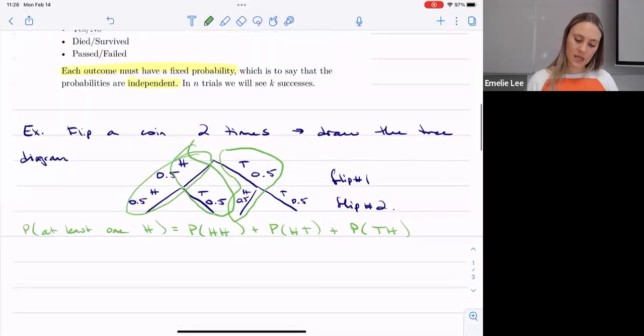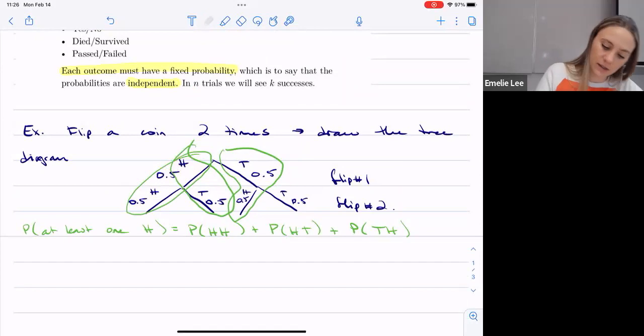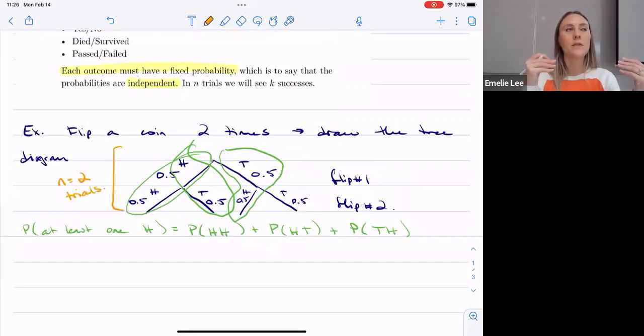But, so what we say is that we're looking for n trials. So in this example here with 2 flips, right, then I have 2 trials. So here in this scenario, n equals 2 trials. I think of it as the number of times that I try to get a head, or try to get any outcome really, is going to be a trial, right?